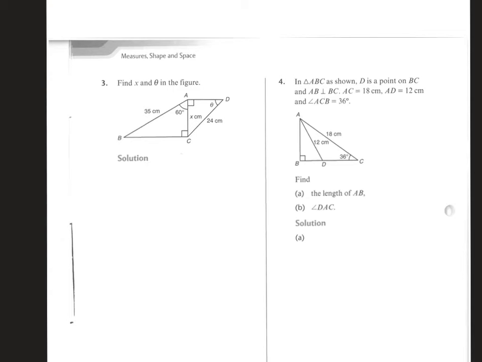Next, let's move to number 4. Once again, if you have several triangles, you had better list out which of them are right angle triangles. So you have triangle ABD, and you have triangle ABC as well. I find triangle ABC better because it gives you 18 and 36 degrees, and you have this triangle.